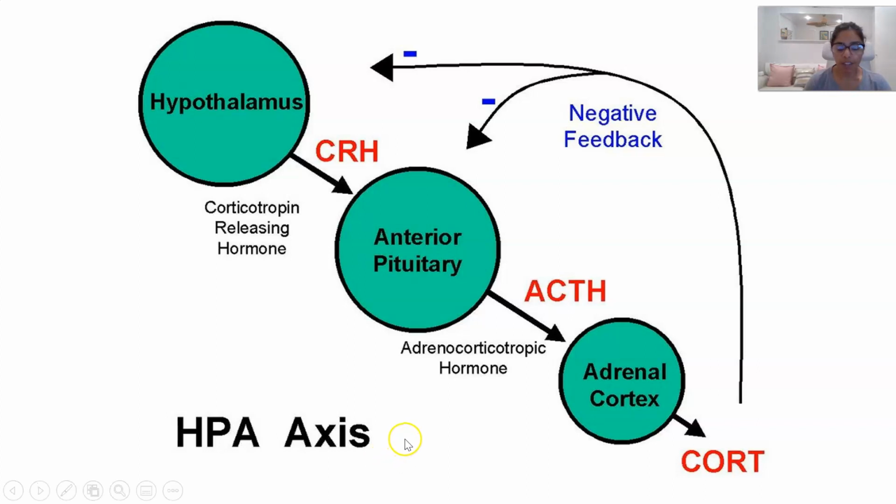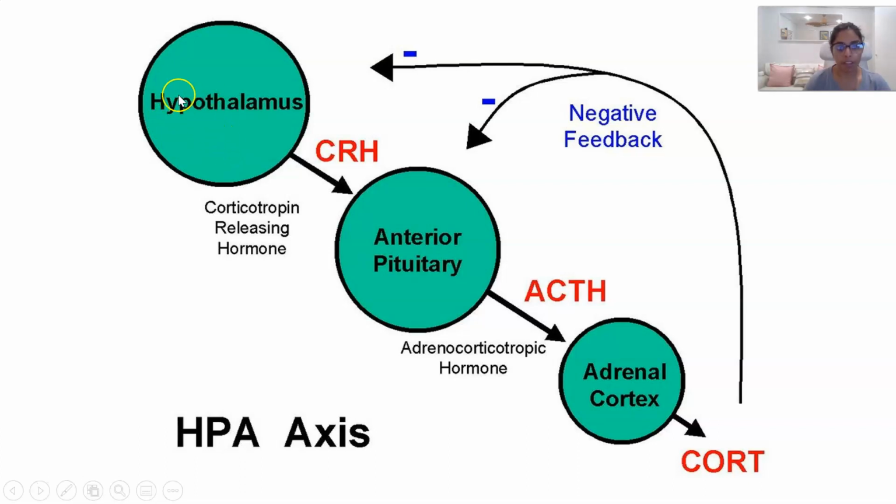Okay, so this slide is just showing you how negative feedback works. So I'm just going to talk you through it very briefly. We can go over this again during another lesson. So we know that the hypothalamus contains neurosecretory cells, and it contains releasing and inhibiting factors.